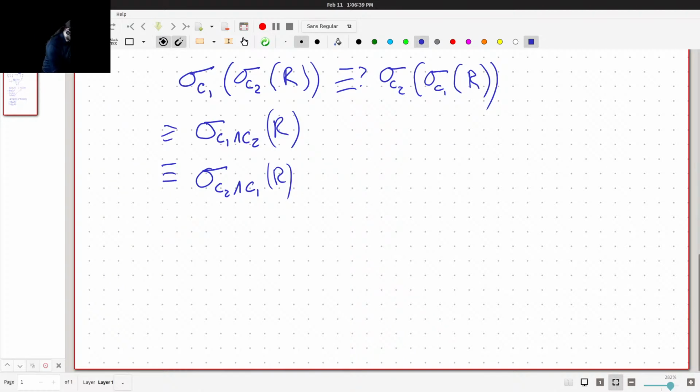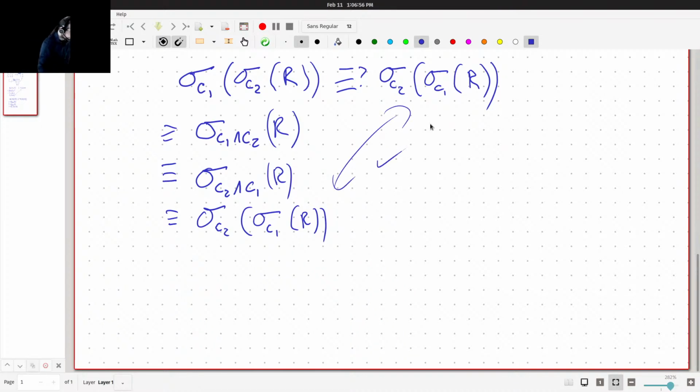Decomposability again. Fantastic. Great. So this is now the same as C2 applied to select C1 applied to R. Great. Okay. Fantastic. So now those two are equal. Great. Where are we?